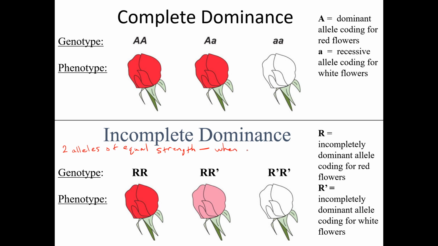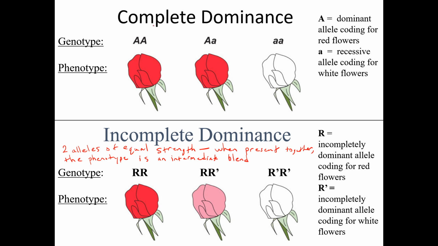And then when present together, the phenotype is an intermediate blend of the other two homozygous phenotypes. So let's take a look at this.